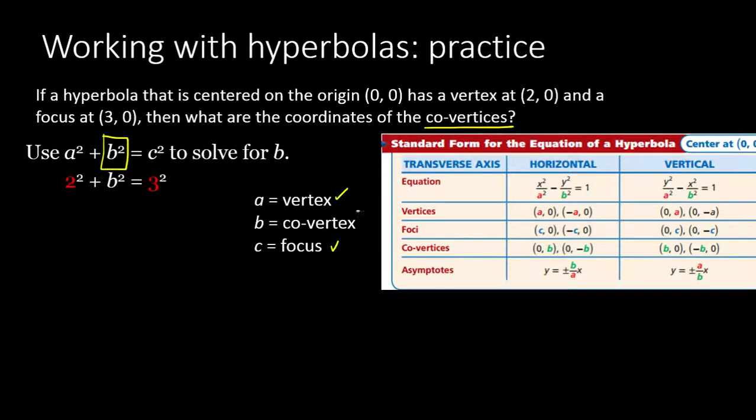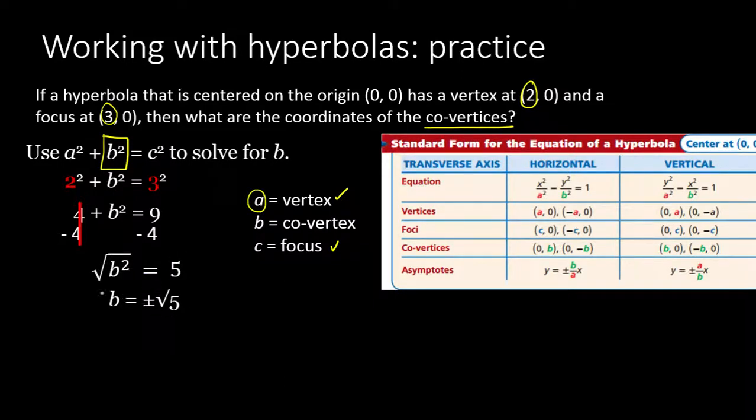So I set it up. My vertex, remember, is a, so I have a 2 for a. Focus becomes 3, which is my c value. Now I just solve for b. I get 4 plus b squared equals 9. b squared then equals 5, so b equals plus or minus the root of 5. Not always going to be pretty.